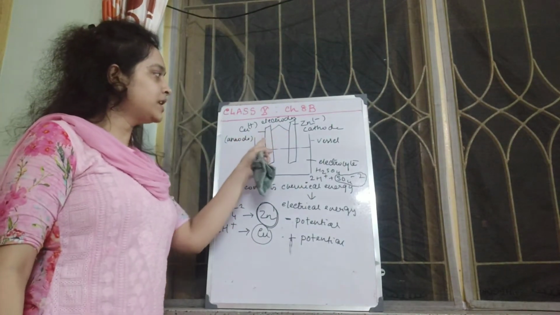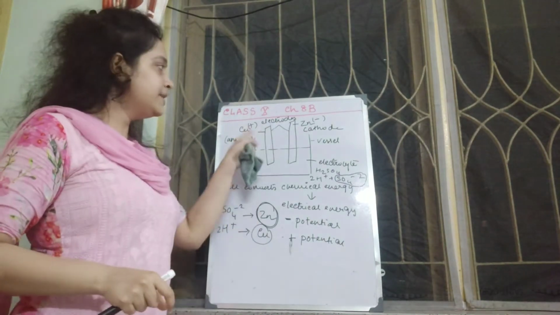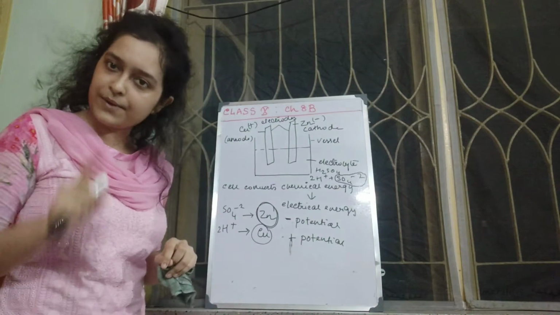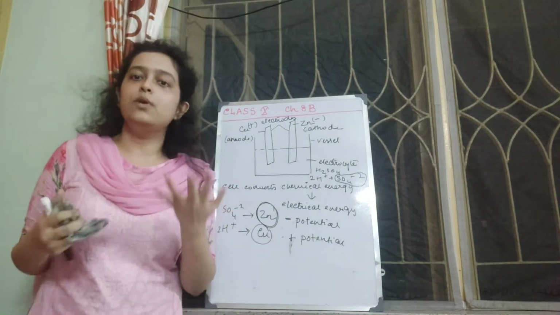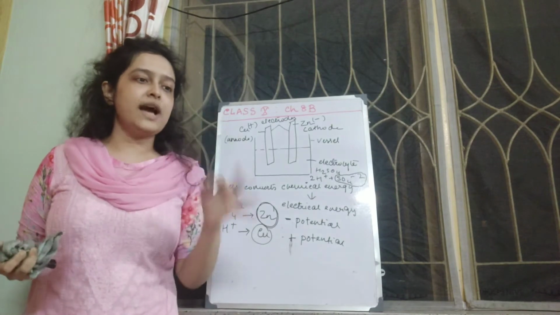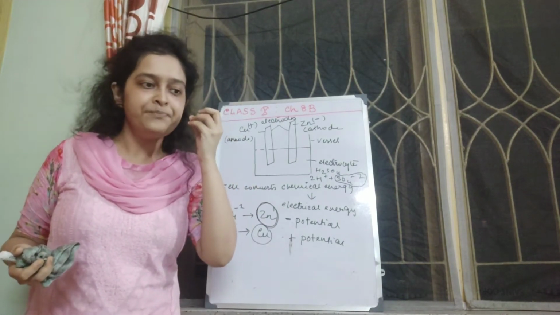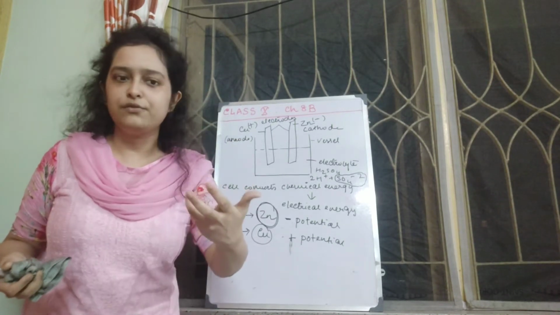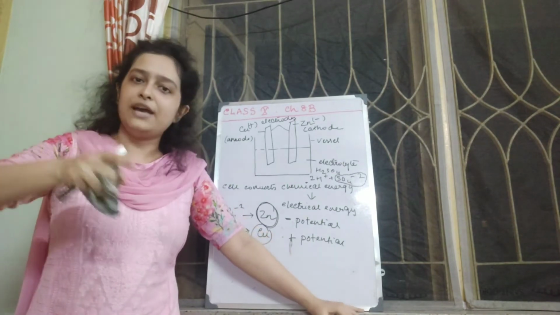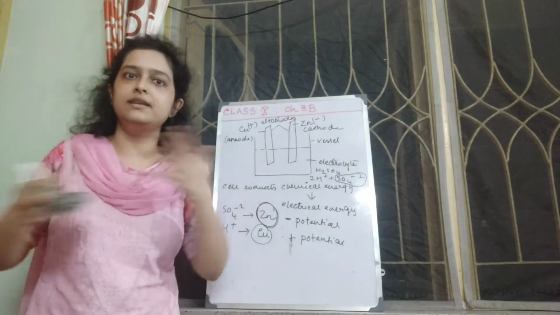What will this potential difference try to do? What is its work? It's a compulsion which will actually drive the current. Otherwise, all of a sudden current will not start flowing in a circuit, right?